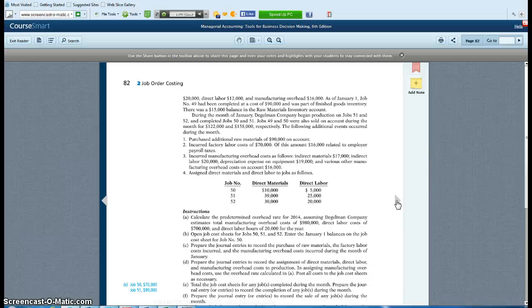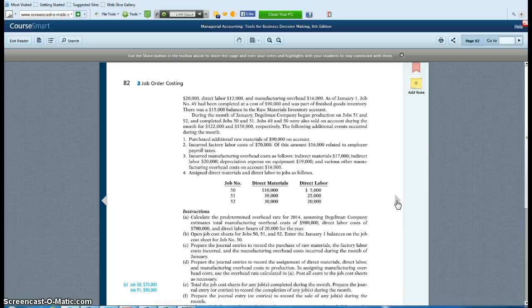As of January 1st, job number 49 had been completed at a cost of $90,000 and was part of finished goods inventory. There was a $15,000 balance in the raw materials inventory account.